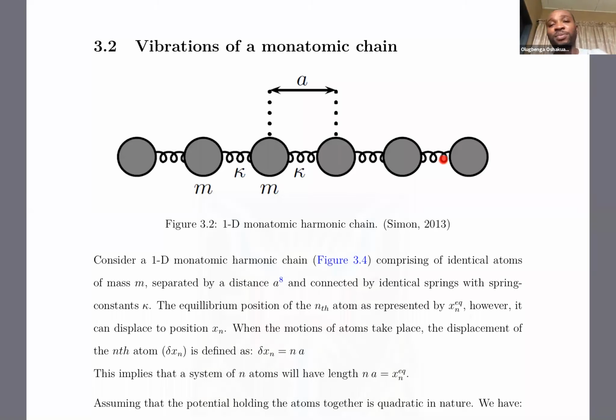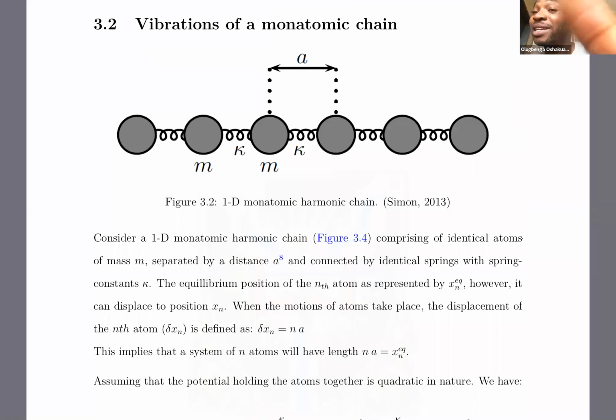So now we consider a 1D monatomic chain comprising identical atoms of mass m separated by a distance A, connected by identical springs. So just like we had in that graph, the A we have here is as good as saying x eq.